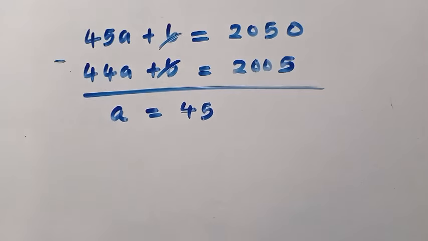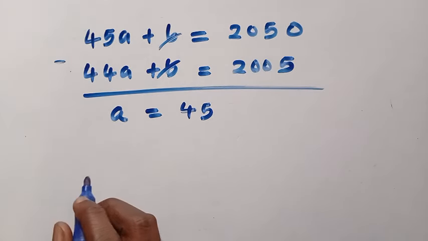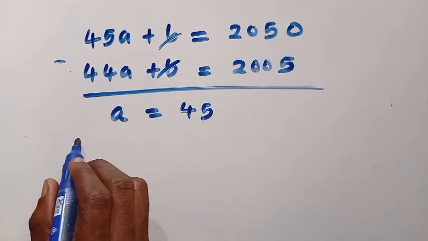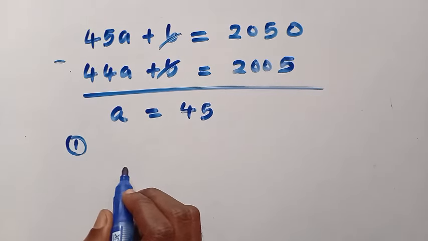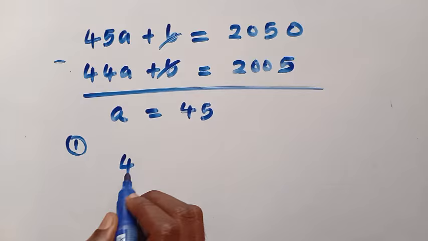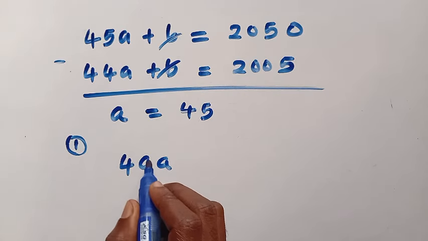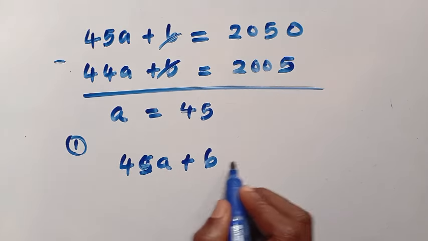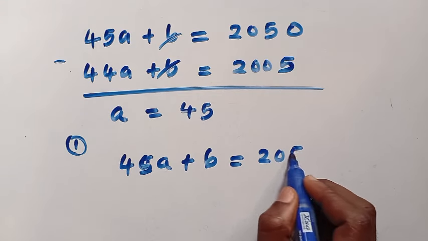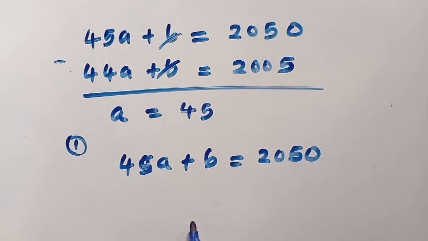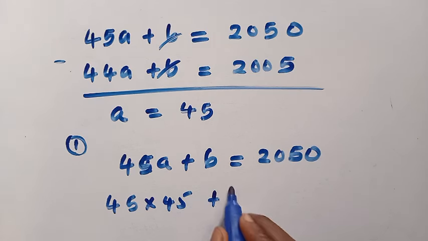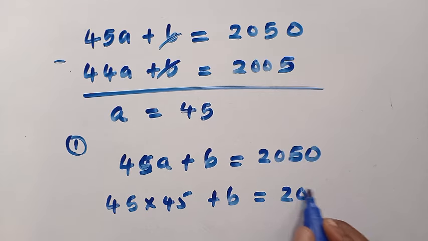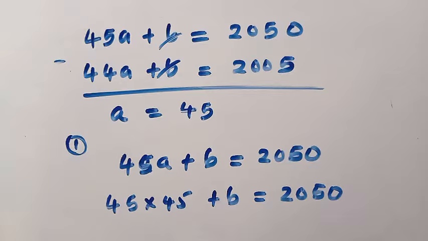And also let's find the value of b by taking any of these two equations. Suppose I say from equation 1, which is 45a plus b equals 2050. Then by substituting the value of a, we have 45 multiplied by 45 plus b equals 2050.